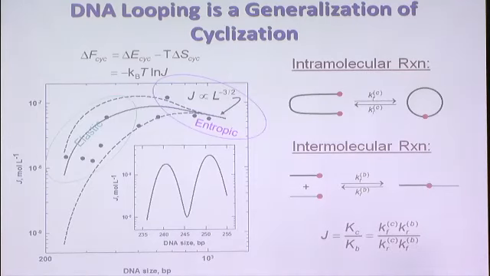So you can think of these red balls as being essentially activated ends. They could be cohesive termini, or they could be something else. And then J is gotten from this ratio here.